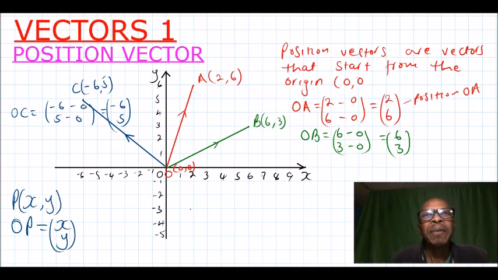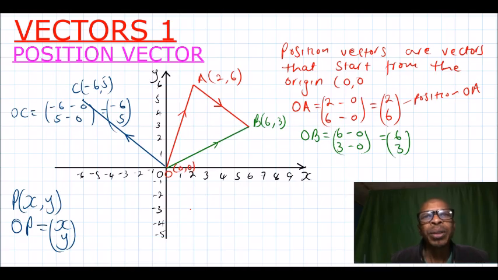If we join this and say this is a vector AB, now we have position vectors OA and OB. If you recall what we did with column vectors, if you want to get the column vector AB, the alternative route is you move against the vector OA and you move along OB.